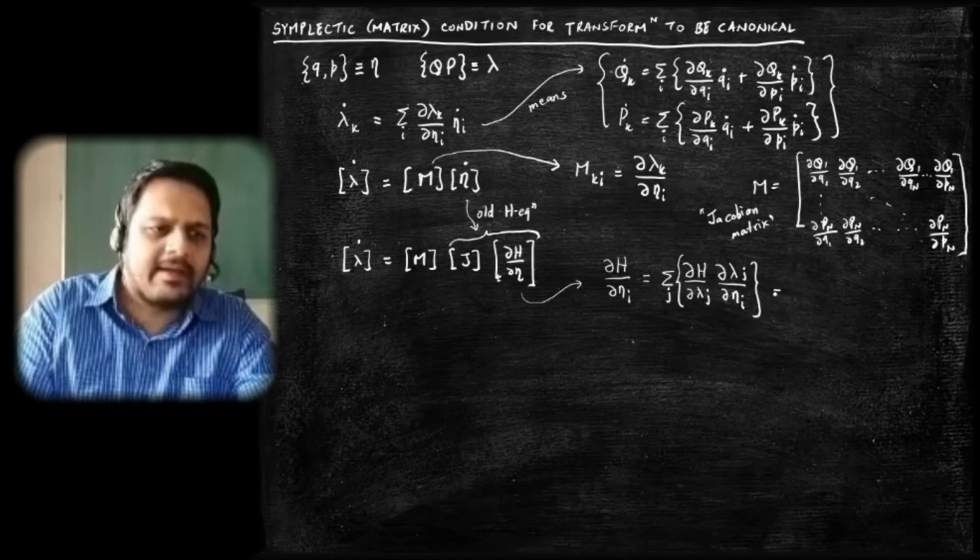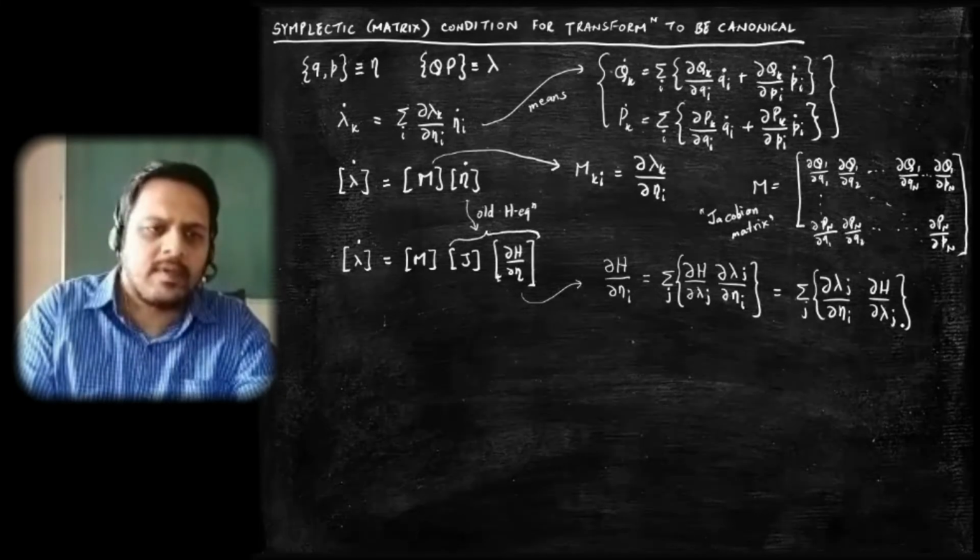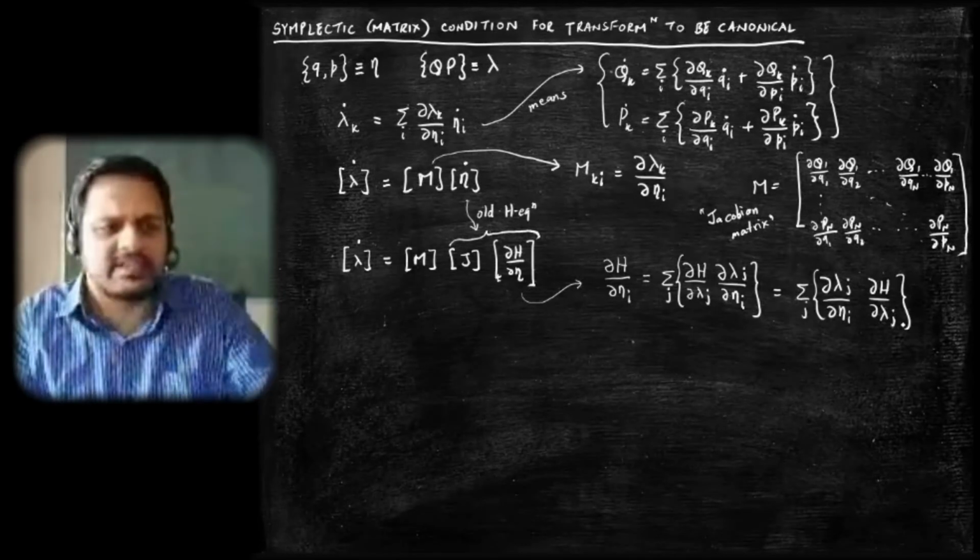Which I can rewrite in a very subtle manner, same thing, but let me write ∂λ_j/∂η_i first, followed by ∂H/∂λ_j. Looks like we have just interchanged the two terms.